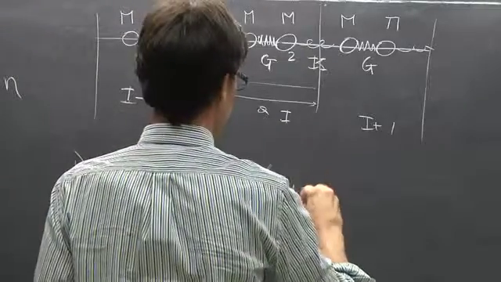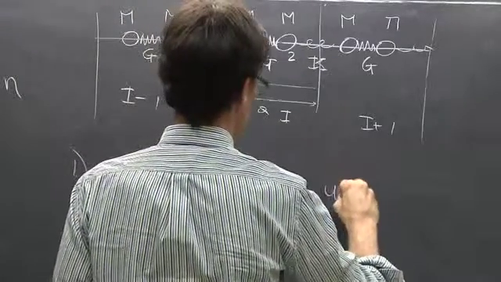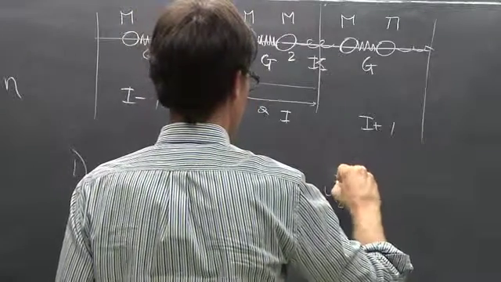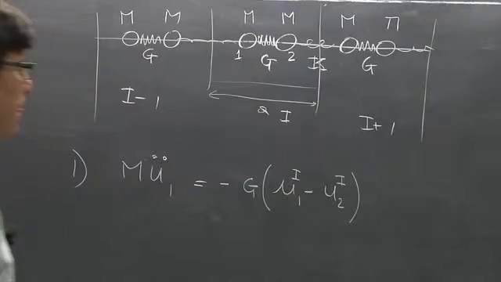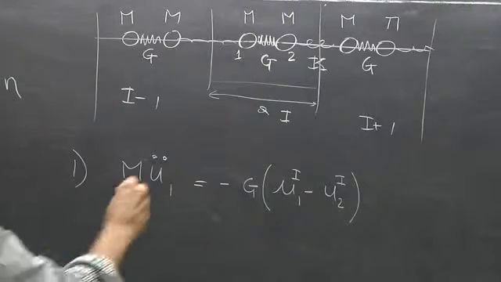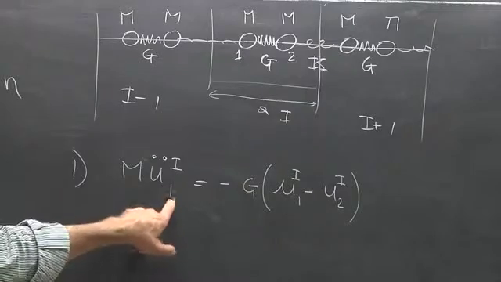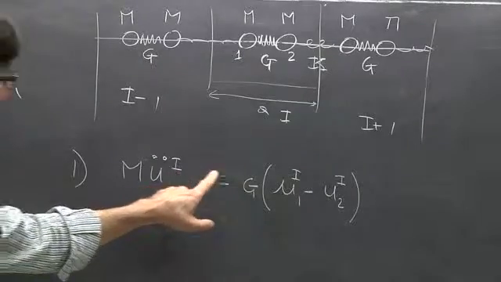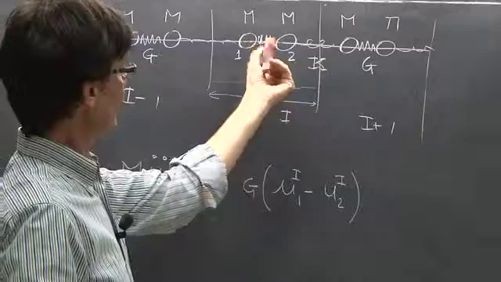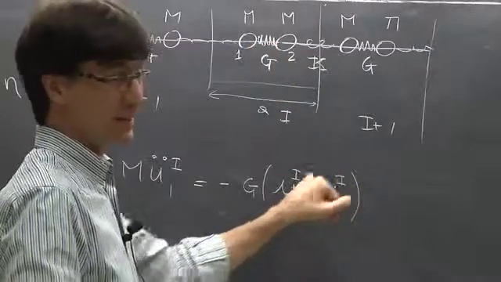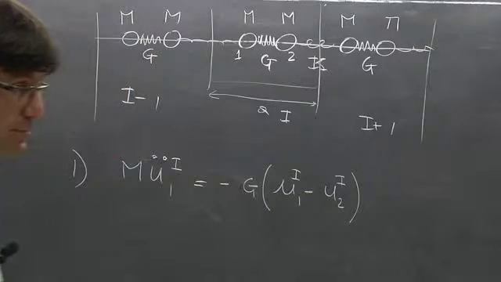Right? So this will be proportional to u1 minus u2. Oh, sorry, I. So this is atom 1 in cell I. It will feel the restoring force due to atom 2 in cell I. So I have to calculate the relative displacement between the two atoms.